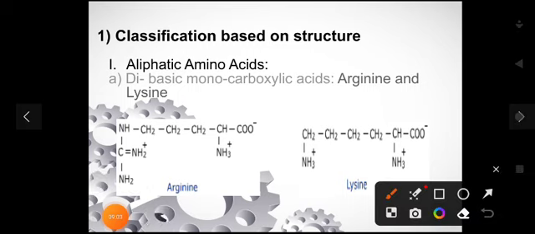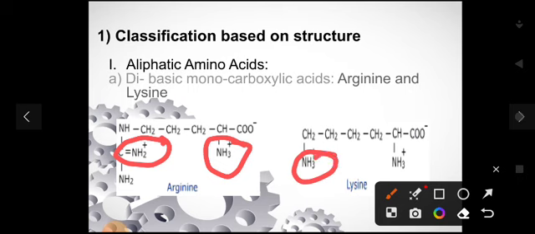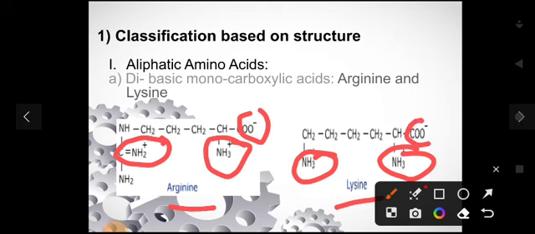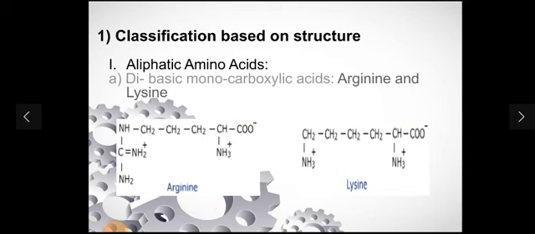So when you look at it, you see the first amino group here, you see another amino group, that is two. When you look at lysine, you still see an amino group and also another amino group, and these amino groups are charged. So arginine and lysine are basic amino acids having multiple amino groups and one carboxylic acid group.